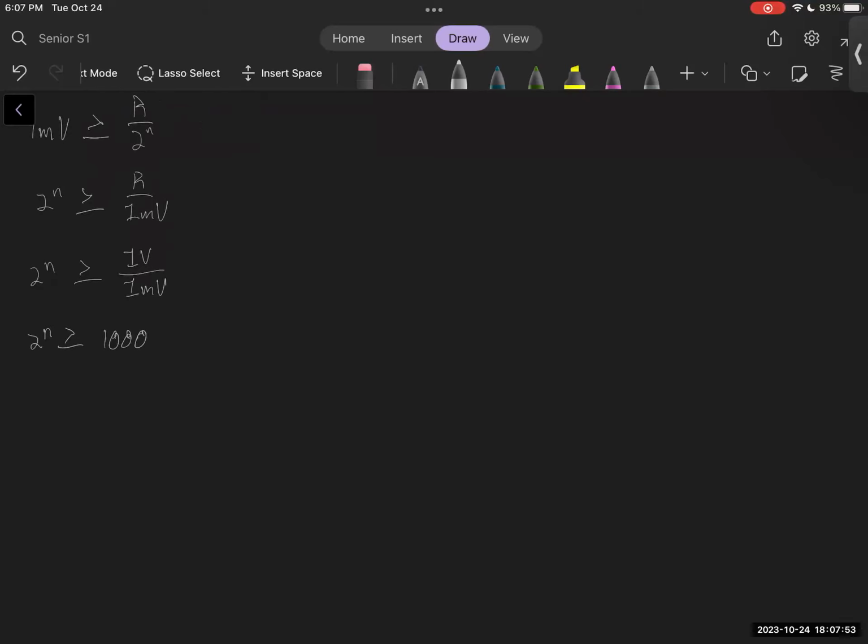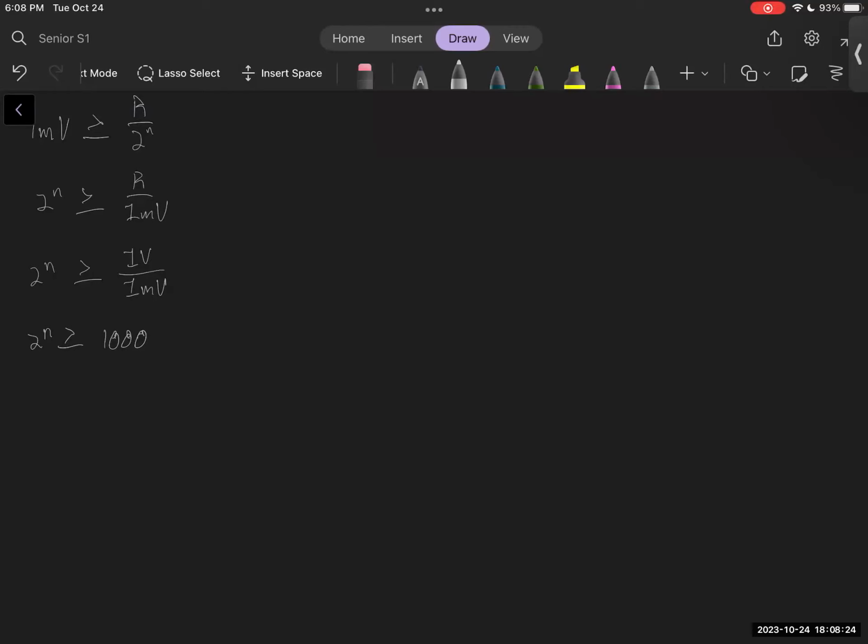Now there's two ways to approach this problem. In this case, in the PowerPoint where the problem was defined, if y'all have it up, it provides us a list of 2 to the power of different integers up to 16. So we need the first value of n that is going to be greater than or equal to 1,000. And if you look on the PowerPoint, we can see all the powers of 2.